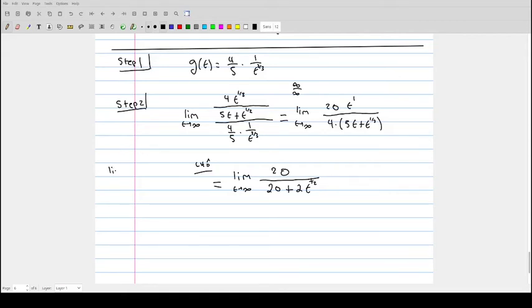And the limit as t goes to infinity of t to the negative 1/2 is equal to 0. So this limit is going to be 20 over 20, which is just equal to 1.